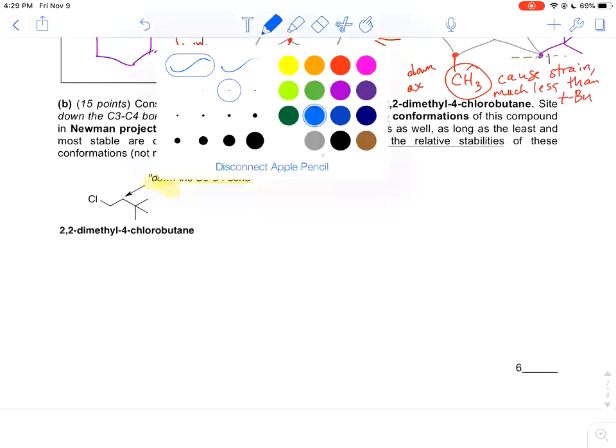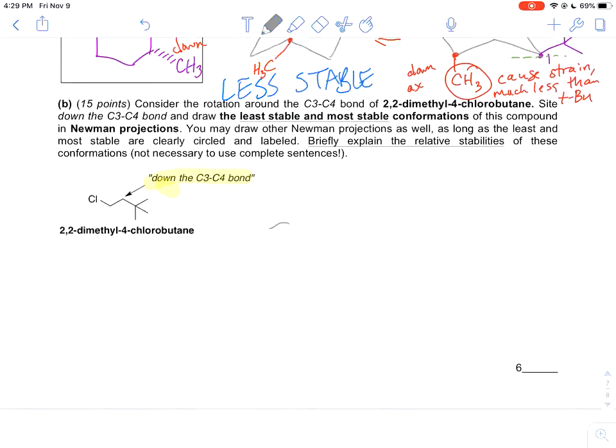So a Newman projection should always be the circle, line, dot thingy, like this. The front carbon in this case is going to represent 1, 2, 3, 4. So this here is going to represent carbon 3, and then the big circle is going to represent carbon 4.